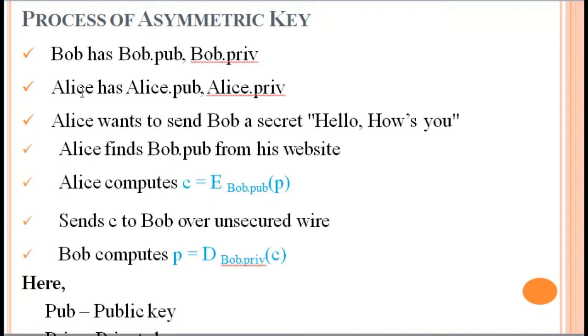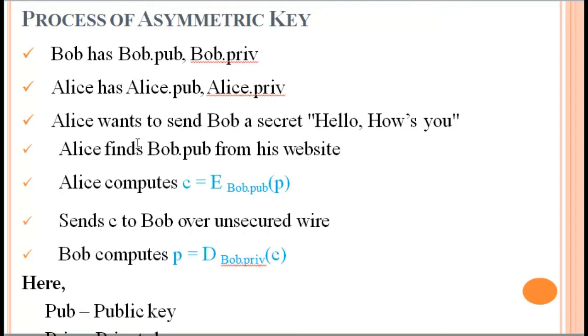Similarly, Alice also has a public key and a private key. Now suppose Alice wants to send a message to Bob and the message is hello, how are you? Then Alice finds Bob's public key through a website or a distribution channel.